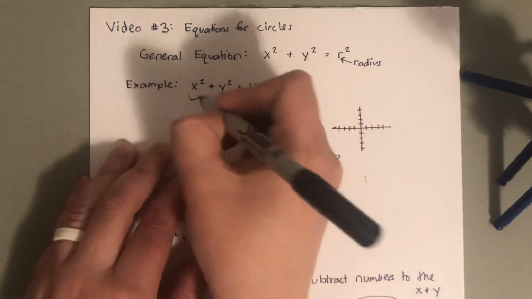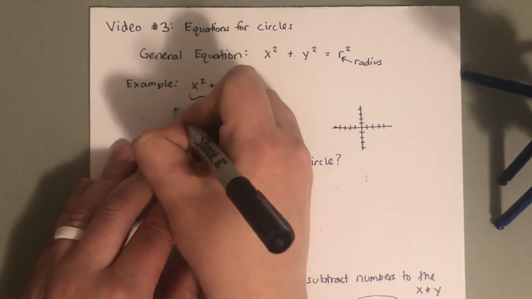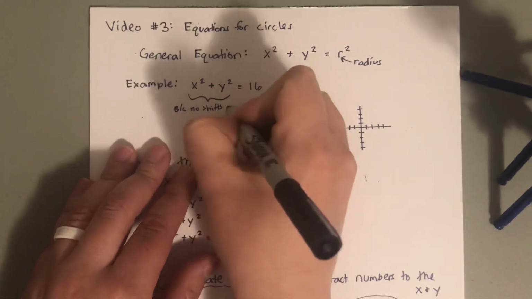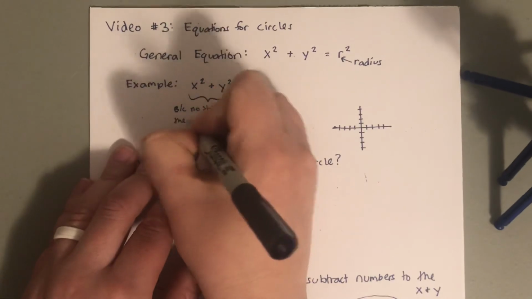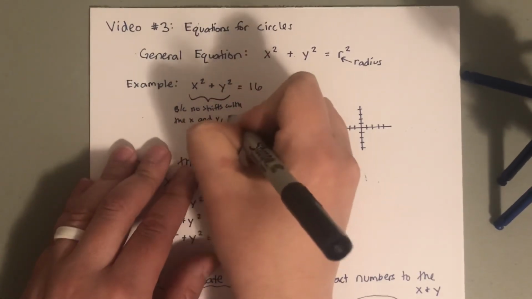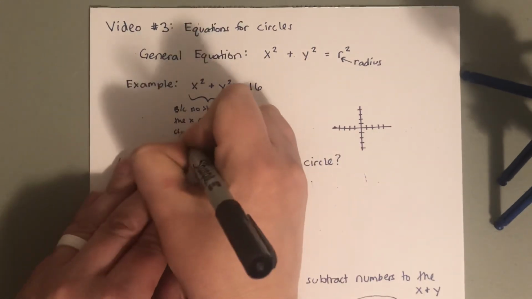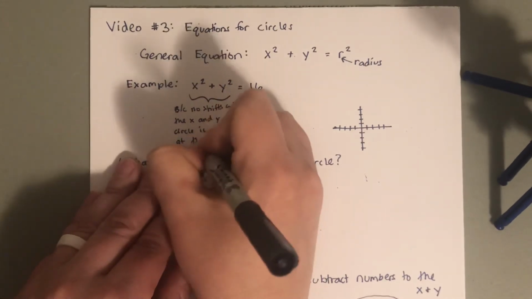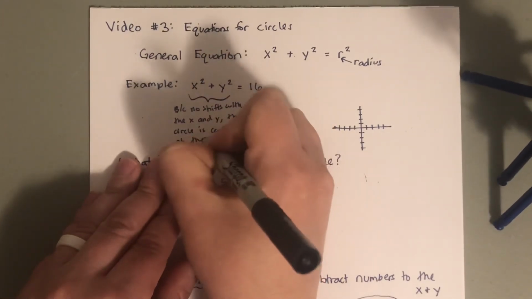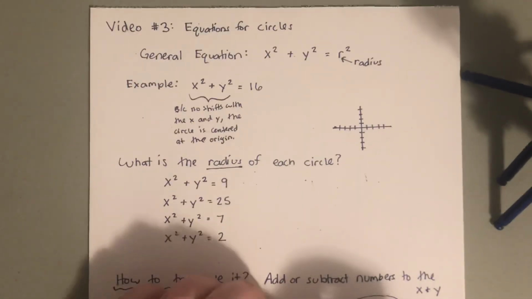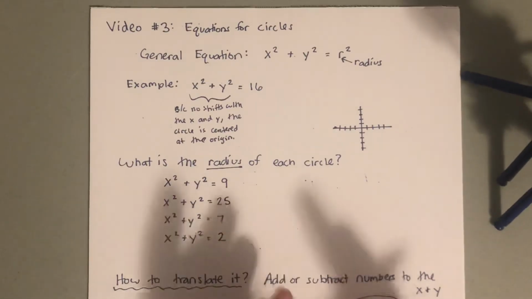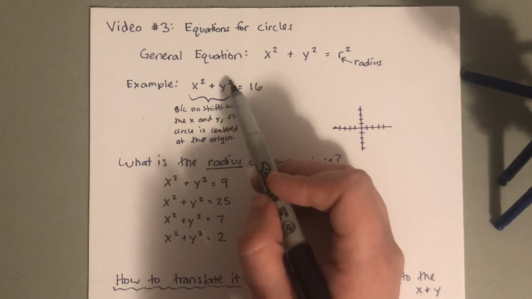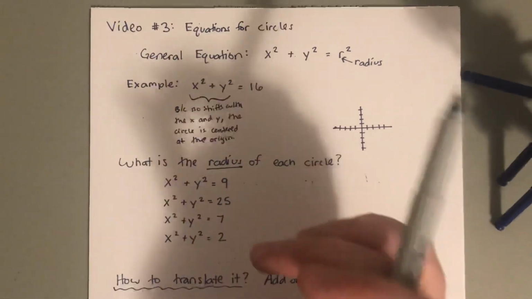Because there are no shifts with the x and y, the circle is centered at the origin. A little bit later, we're going to talk about how to shift a circle and move it somewhere else. But for right now, because there are no shifts, it's just x squared and y squared, and it's centered at the origin.